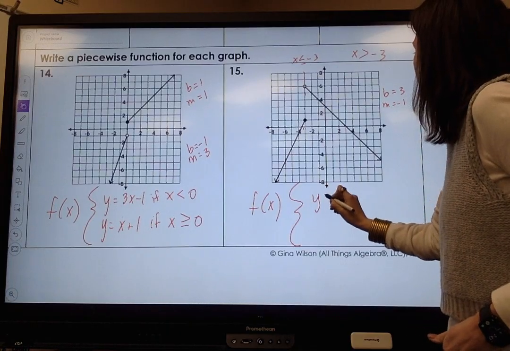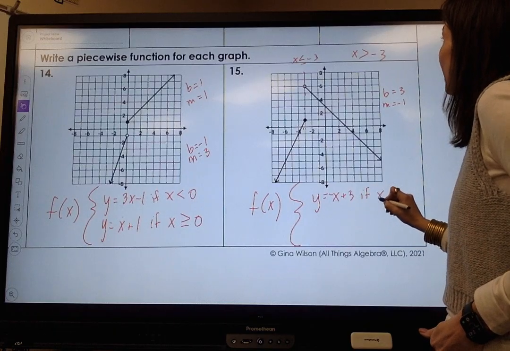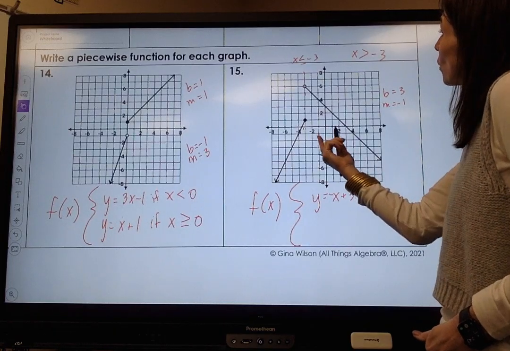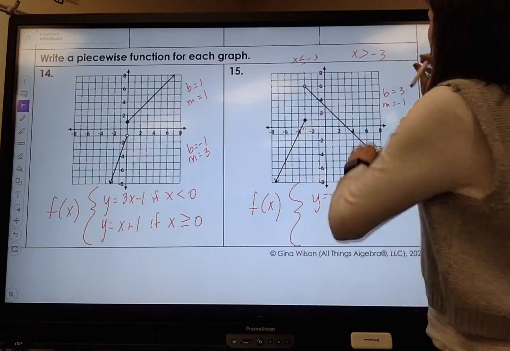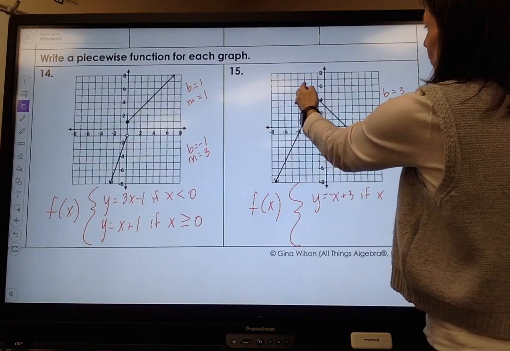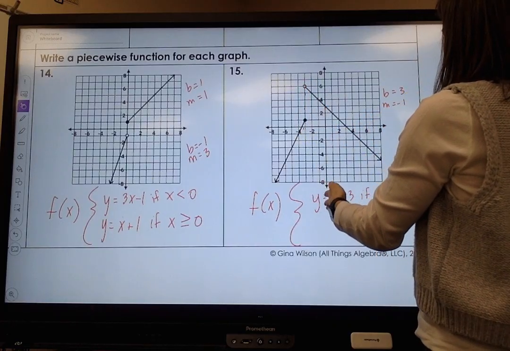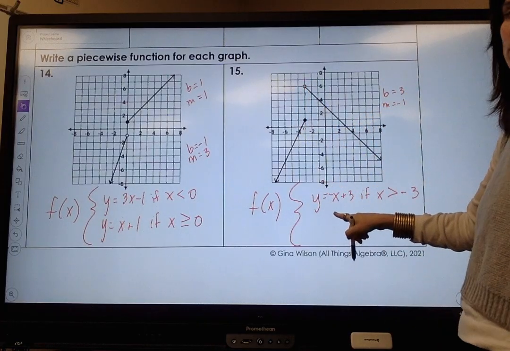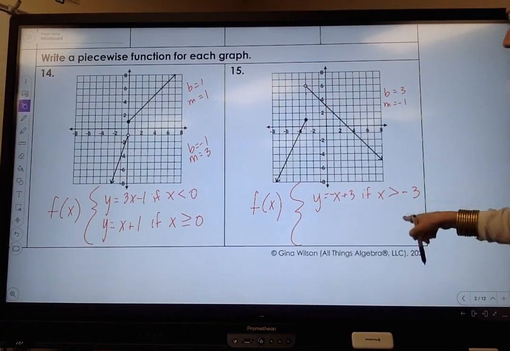So my line is going to be y equals negative x plus 3 if x is greater than negative 3.